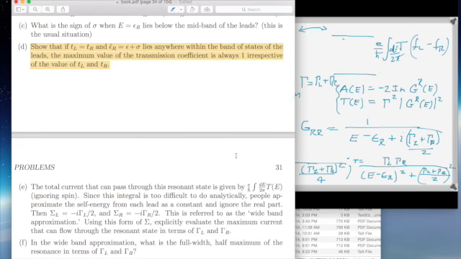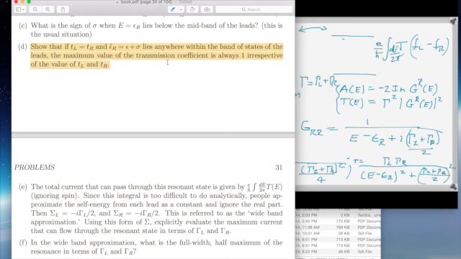You don't have to make this approximation to do this. You can leave everything as a function of energy to show that when these couplings are symmetric, and I guess you also need to assume here that there's no bias across, so everything is symmetric between the left and the right, so that your surface Green's functions are the same, your couplings TL and TR are the same, then the maximum transmission is always 1, no matter how weak or how strong the coupling.